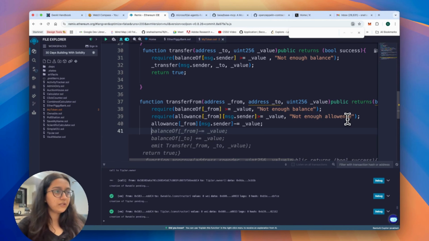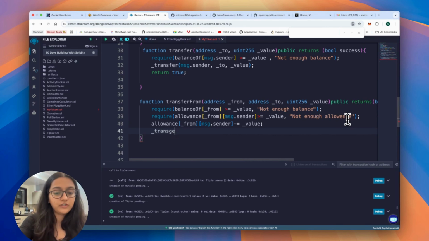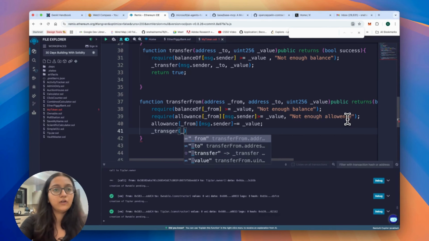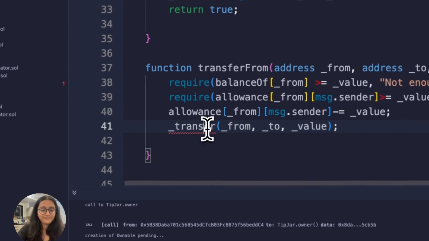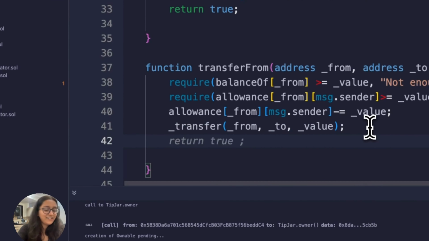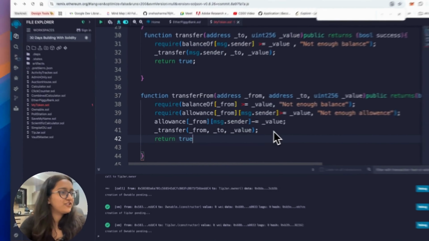Otherwise, you will just keep repeating it. So we just subtract it from the allowance, and then we again call the transfer function. And we say, okay, _from, _to, _value, very smart. And then we say return true.